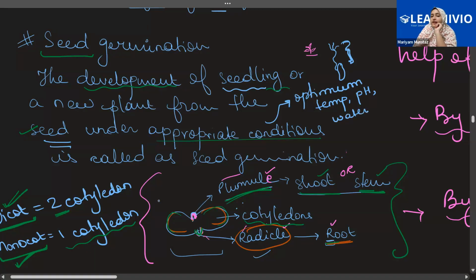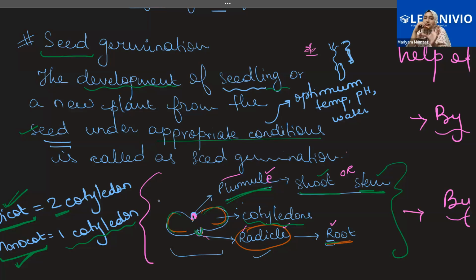See, optimum means the perfect. The perfect temperature, the perfect pH, meaning however much the seed requires. Every seed has a different kind of requirement. So accordingly, the optimum conditions change from seed to seed. Depending upon the optimum condition, when those will arise, then only the seed germination would happen, or else it will not.